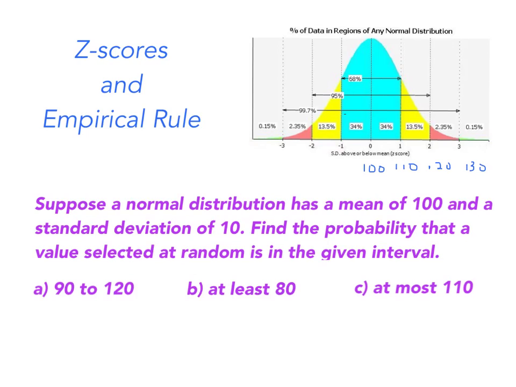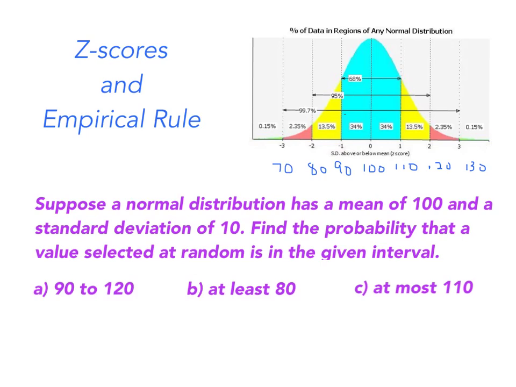One standard deviation below the mean would be 90, 2 standard deviations below the mean 80, 3 standard deviations below the mean 70.